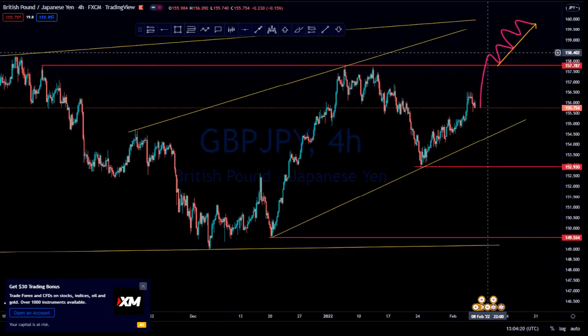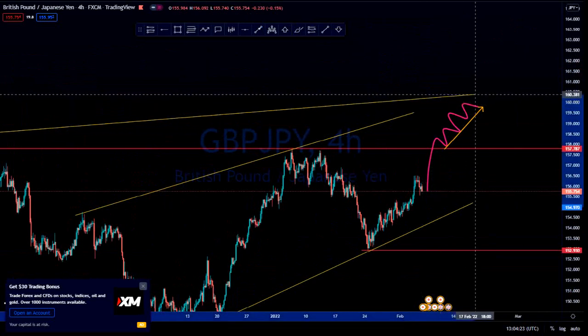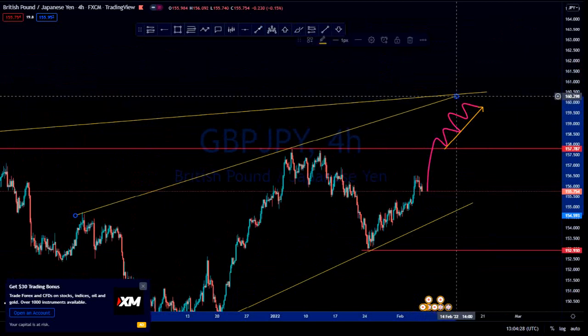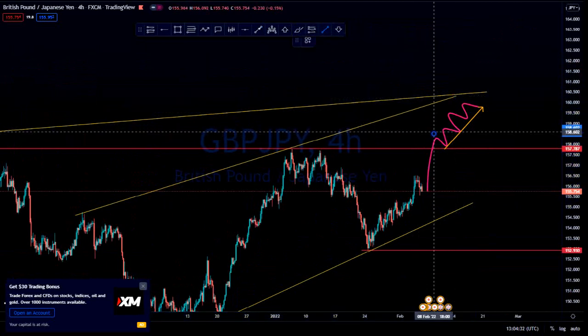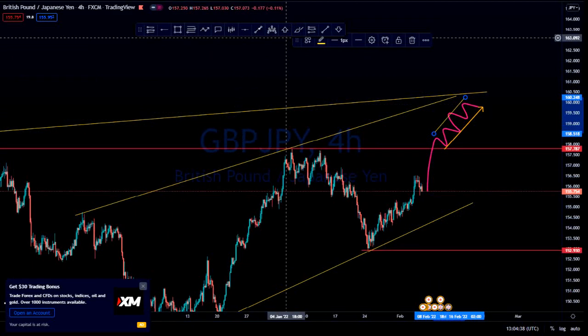If the price starts doing this, if the price starts correcting towards this area, then I will know it is about to go down, because I will have myself ready.